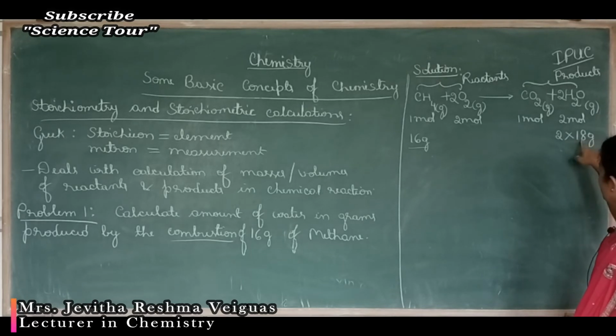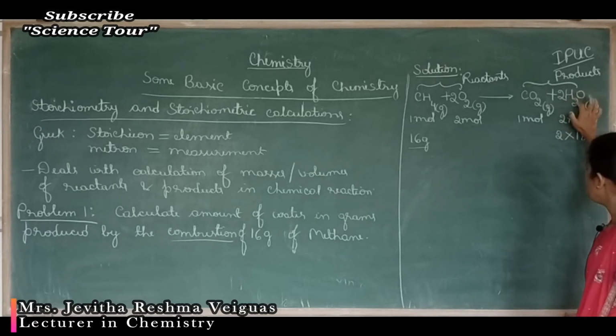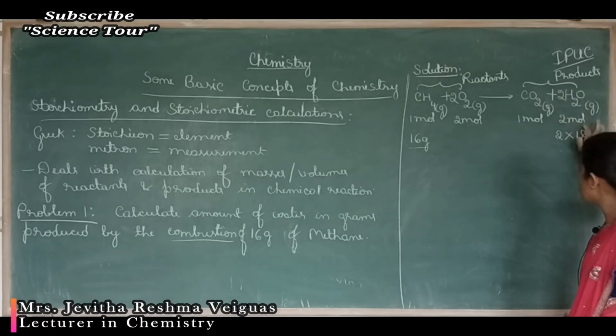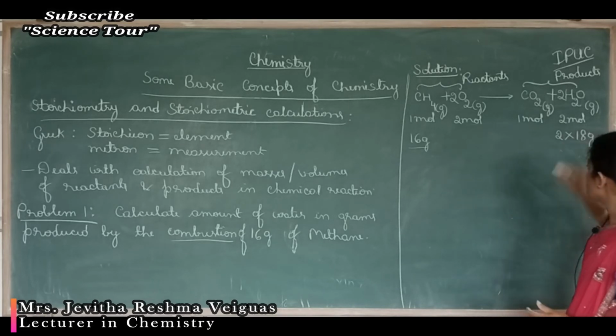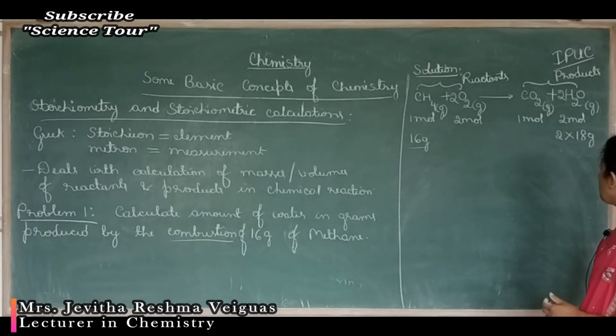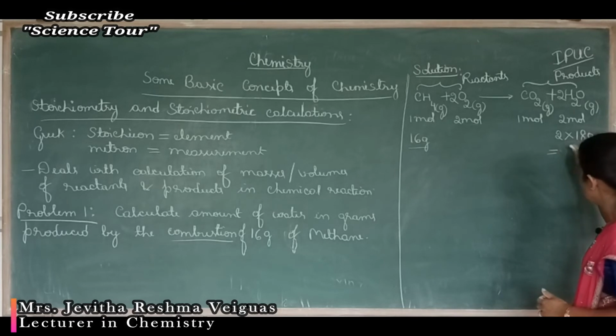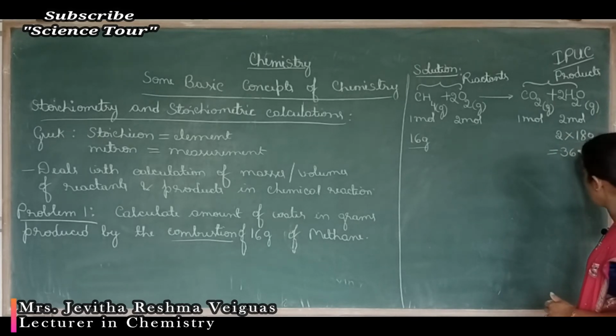What is 18 gram? It is the molecular mass of water. 2 into 1 plus 16, that is 18. 18 into 2, because the number of moles of water is 2. So 16 gram methane will produce 2 into 18 gram water, which is 36 gram water.